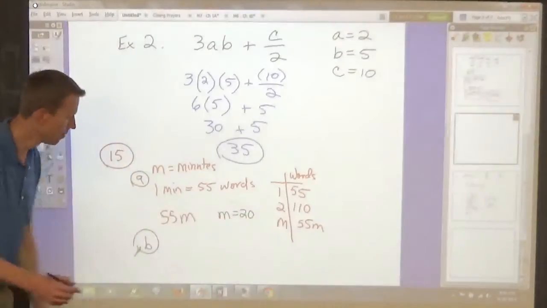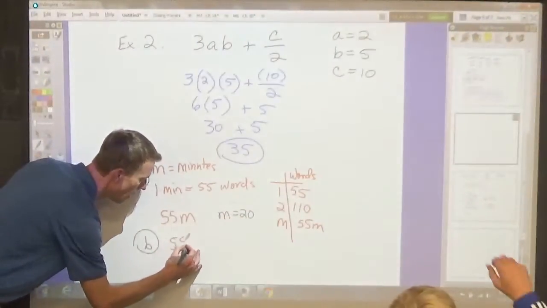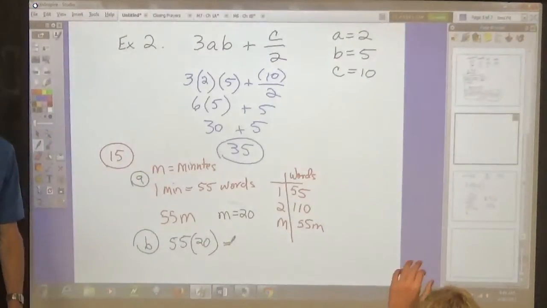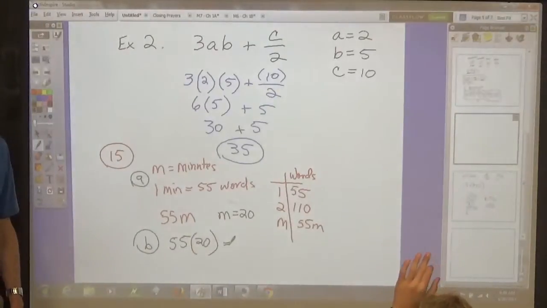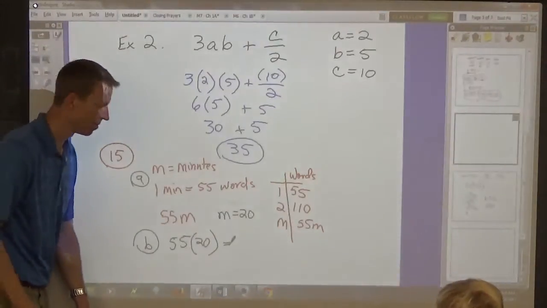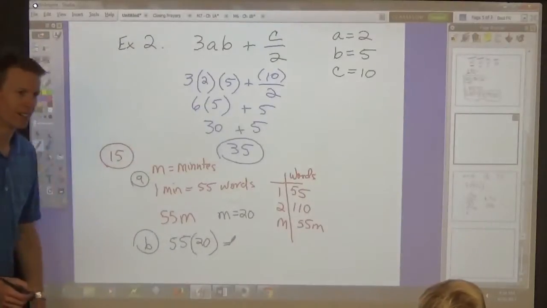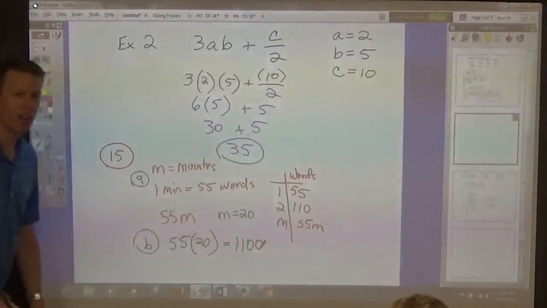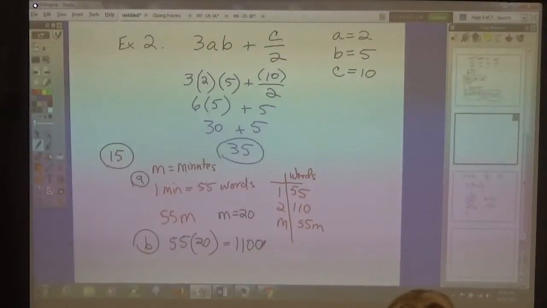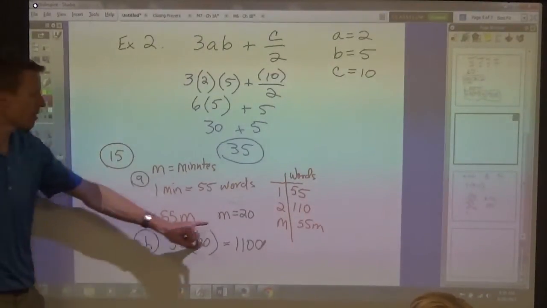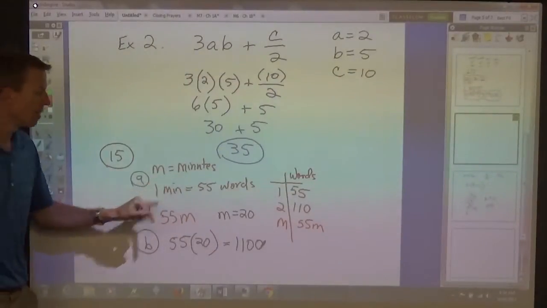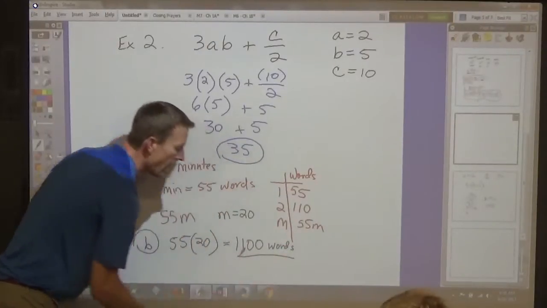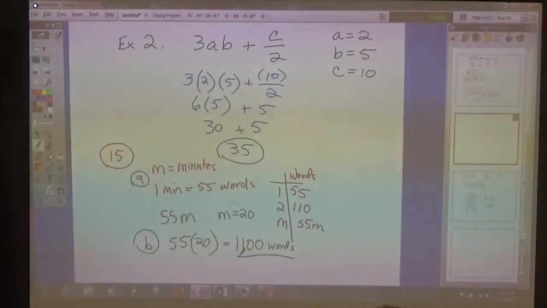So you would write that out. 55 times 20 equals, Andrew? 11,000. What? 1,100. Yeah. Smart. 1,100 what? We'd have to label this. Minutes. It's not minutes because they give us minutes. M is minutes. This is words. So your answer has to include a label. Okay?